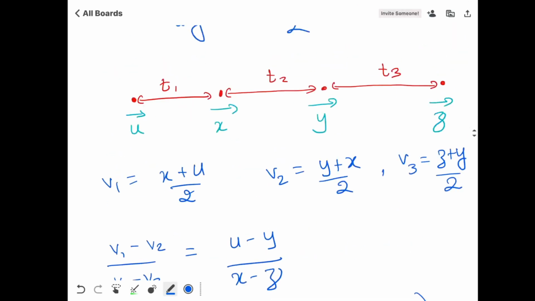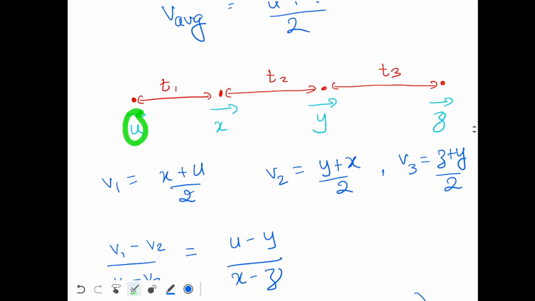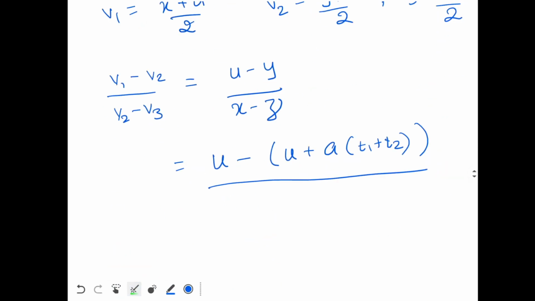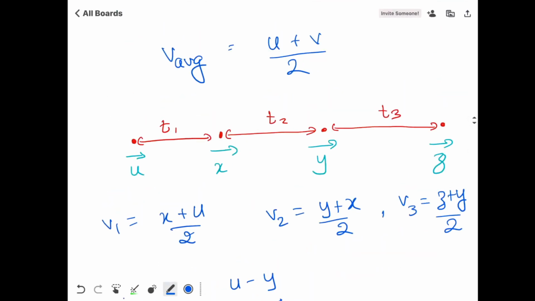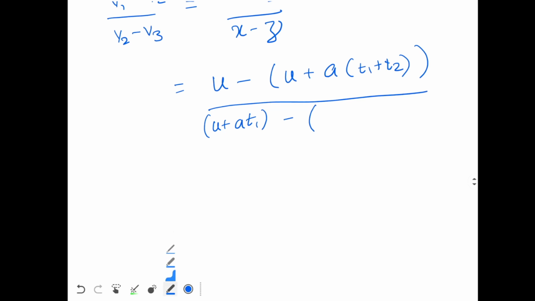Similarly, what will be x? x will be u plus a times t1. x minus z: z will be what? To reach this velocity, you should cover total time t1 plus t2 plus t3. So z will be u plus a times (t1 plus t2 plus t3). Okay.